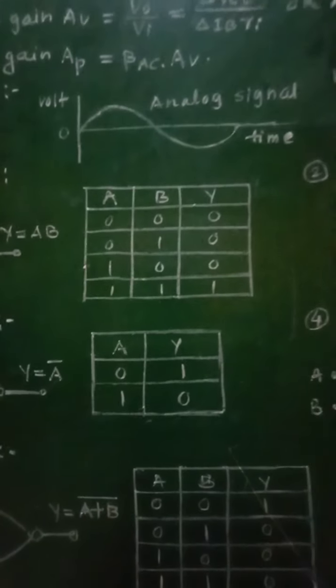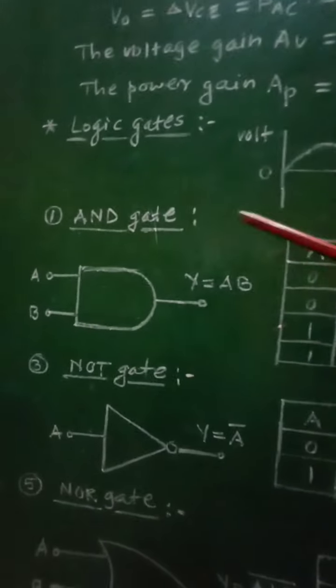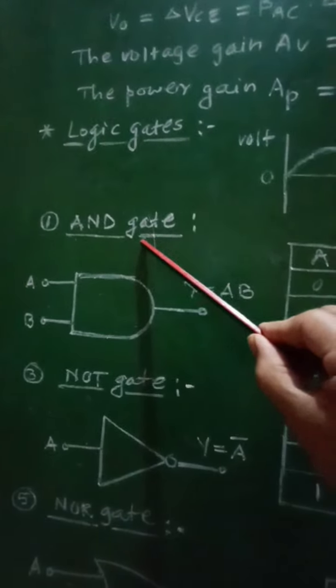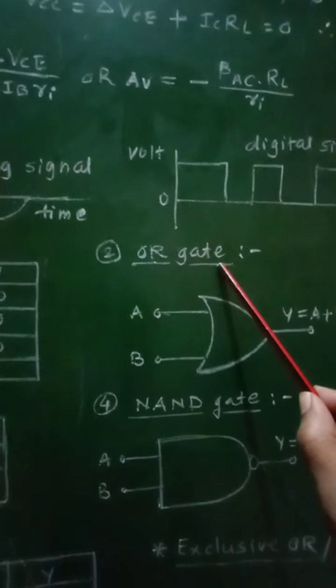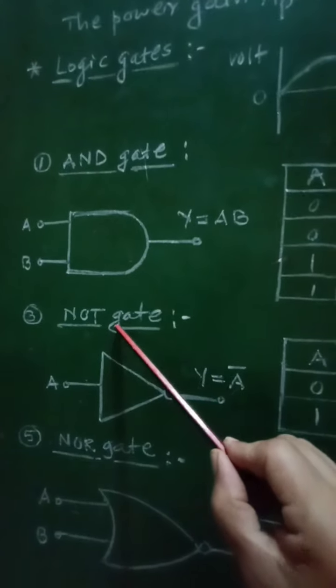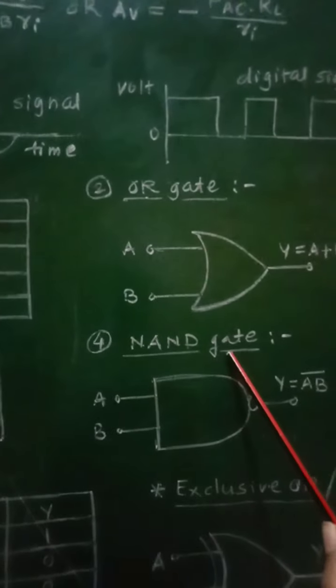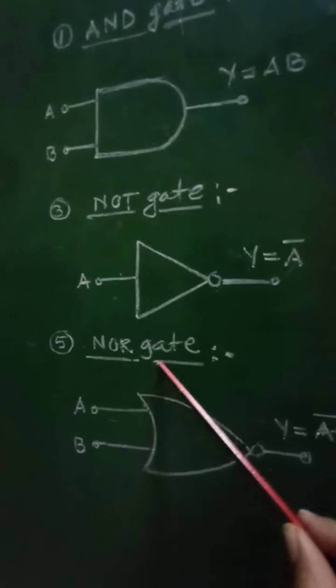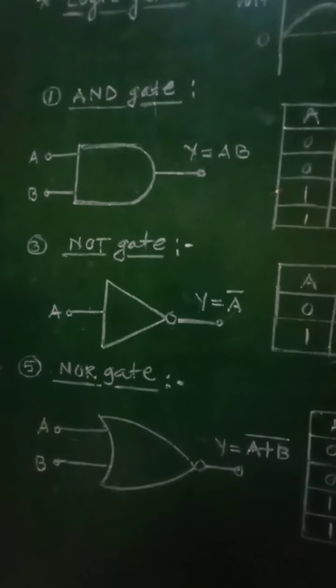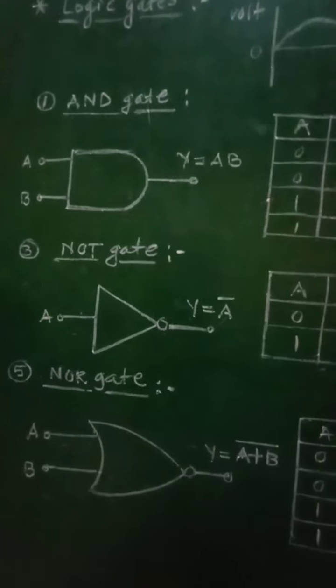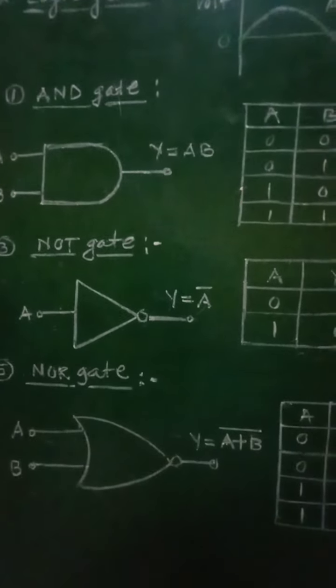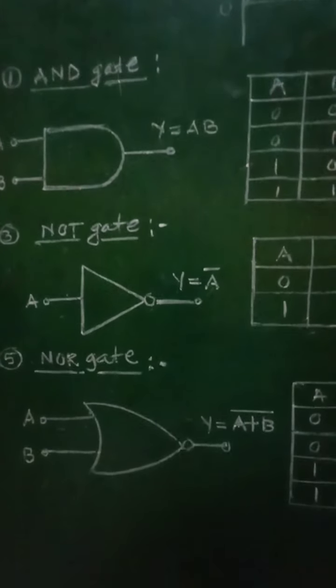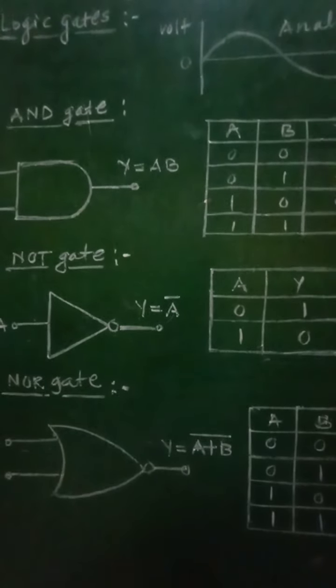Now there are only 5 common logic gates. The commonly used logic gates are only 5, and these gates are AND gate, OR gate, NOT gate, NAND gate, and NOR gate. So like this, AND gate, OR gate, NOT gate, NAND gate, and NOR gate are the commonly used 5 logic gates.